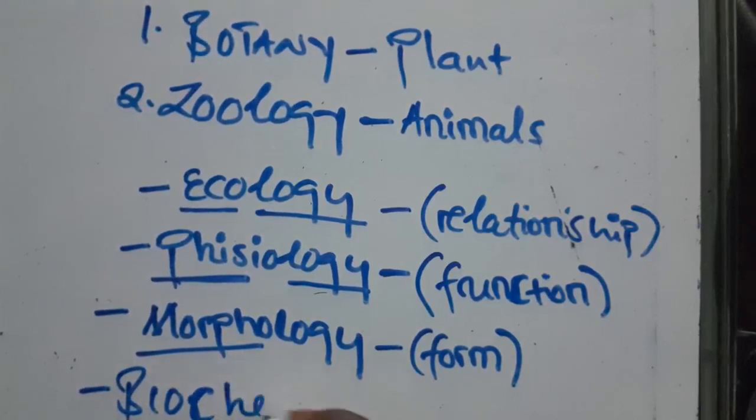Then we have another branch of biology called biochemistry. As we know, bio means living organisms, and chemistry is coming from the word chemicals, or chemical reactions.